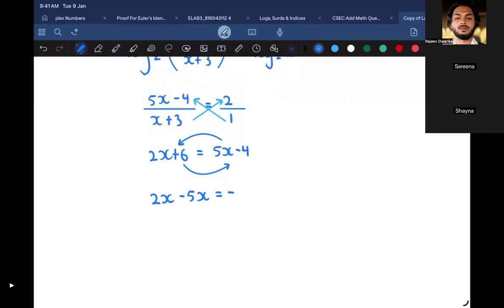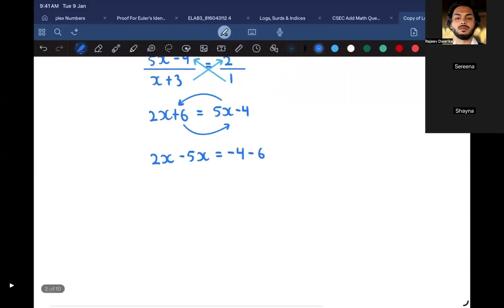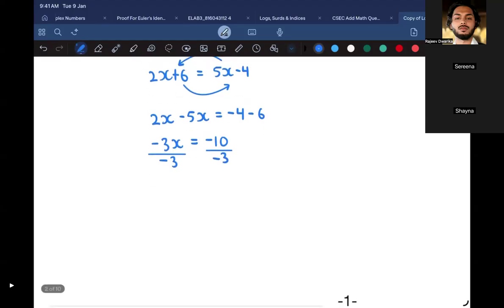Negative 4 minus 6, right? What is 2x minus 5x? Negative 3x. And that would be equal to minus 10. I would just divide both sides by minus 3. Right, so x would be equal to 10 over 3.